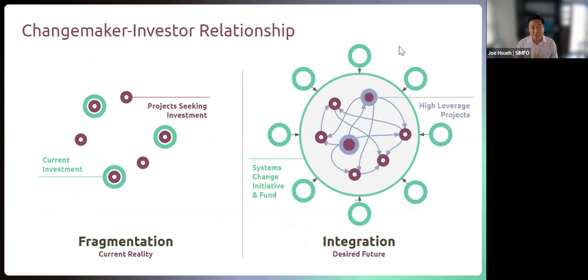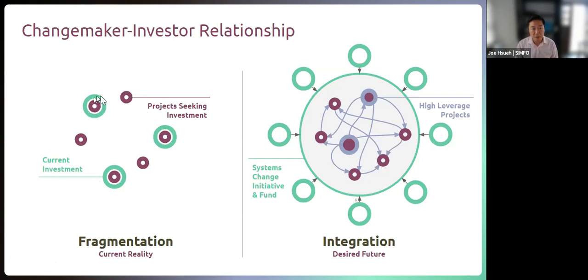Why SIMFO? My firm exists, I would say, to solve this problem: the change maker and investor relationship. The current reality is more like this fragmentation. The red dots are various projects, either NGOs seeking grants or social enterprises seeking impact investments.